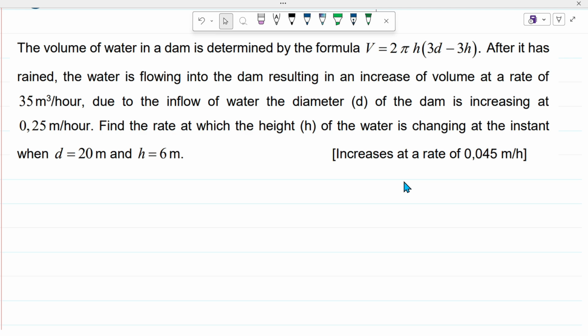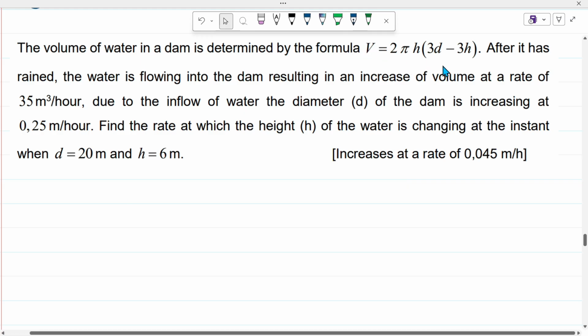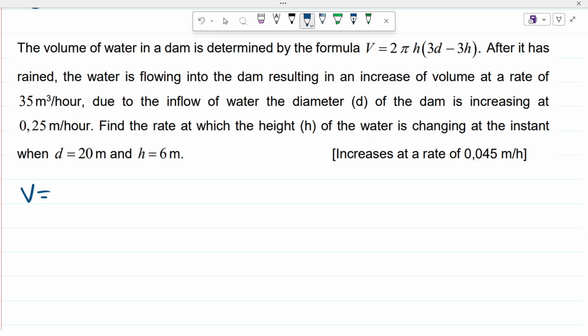All right. For this one, let's first start by multiplying out to avoid this bracket. So let's rewrite our given V equation in a way that we multiply.